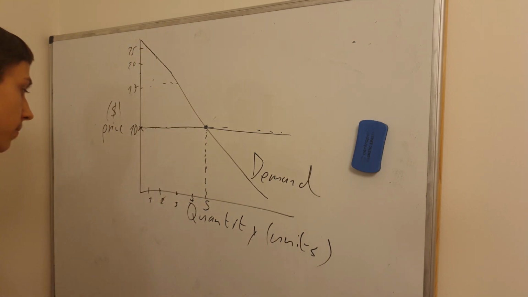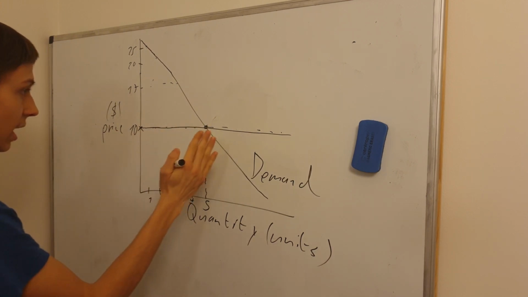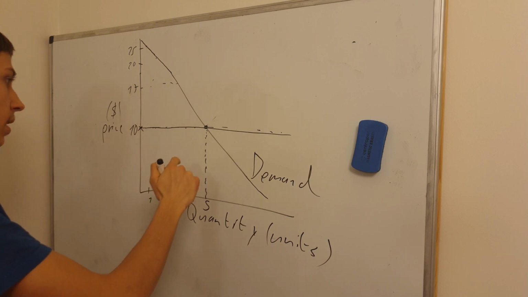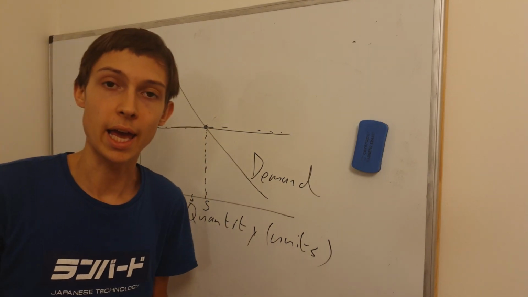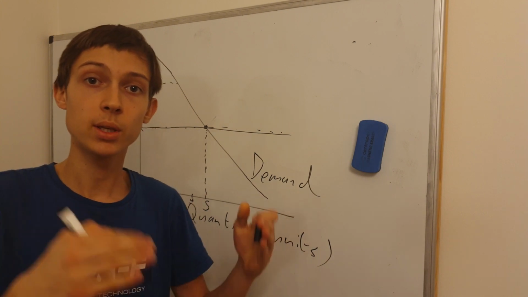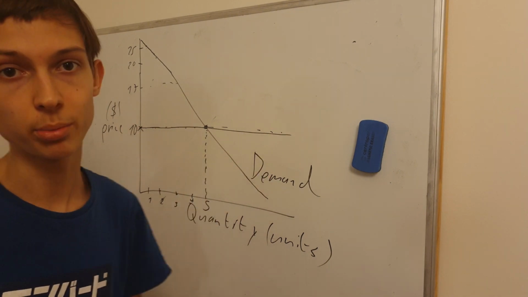And so we see that everybody who is left of the equilibrium would be even willing to pay more than what the price was at the end of the day said to be.